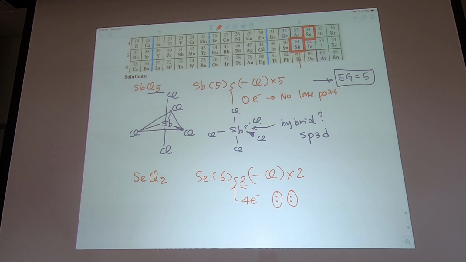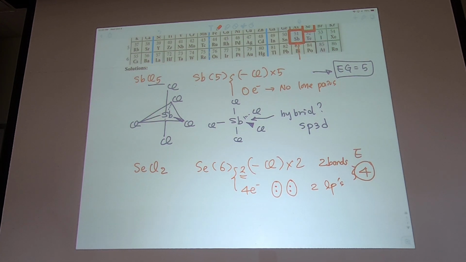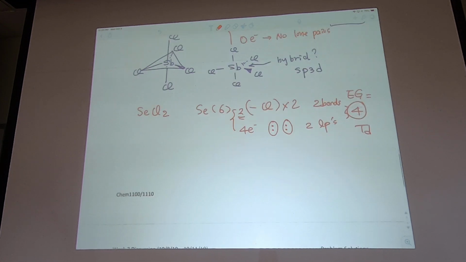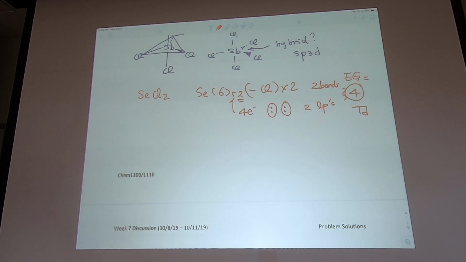So that's 2 lone pairs and 2 bonds. That makes it 4. Electron groups 4 means tetrahedral. All right, that's easy. So I'm going to draw a tetrahedral, with selenium in the center, and that's how tetrahedrals are drawn.